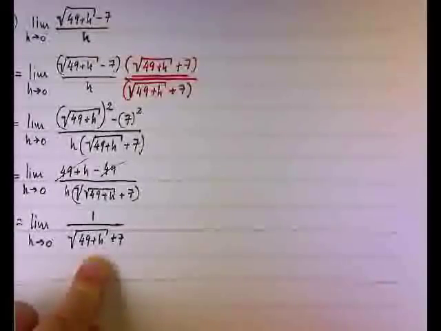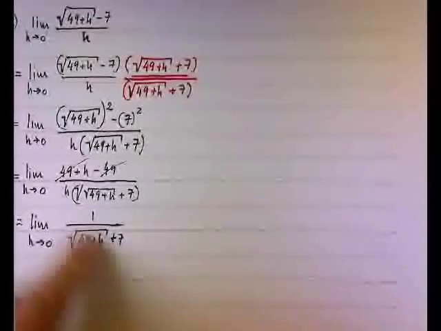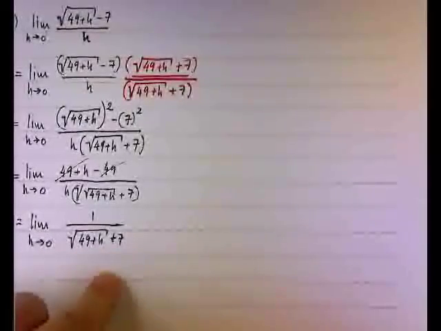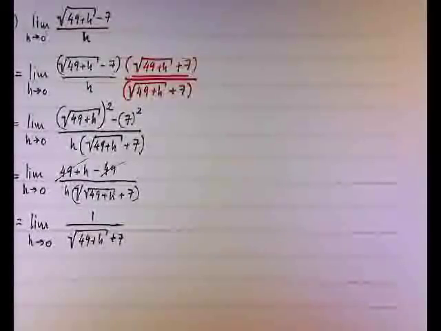Because if h exactly equals 0, I don't have a division by 0, or I don't have a hole. Okay? And this is really the only limit law that I'm going to use here, the substitution law, because this thing is continuous over any domain containing 0.